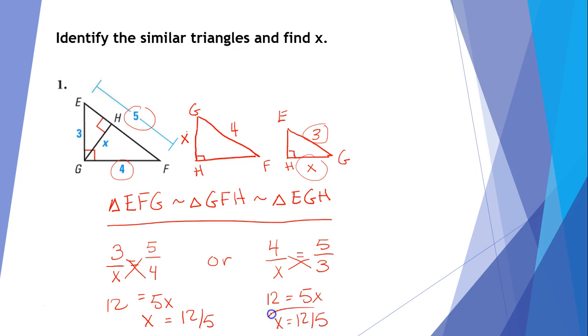Okay, so that is how we're going to do these triangles. And then I'm going to show you here in a little bit a couple of theorems that will help us in doing the same similar triangle, identifying how to find your x value in triangles drawn pretty much exactly like this.